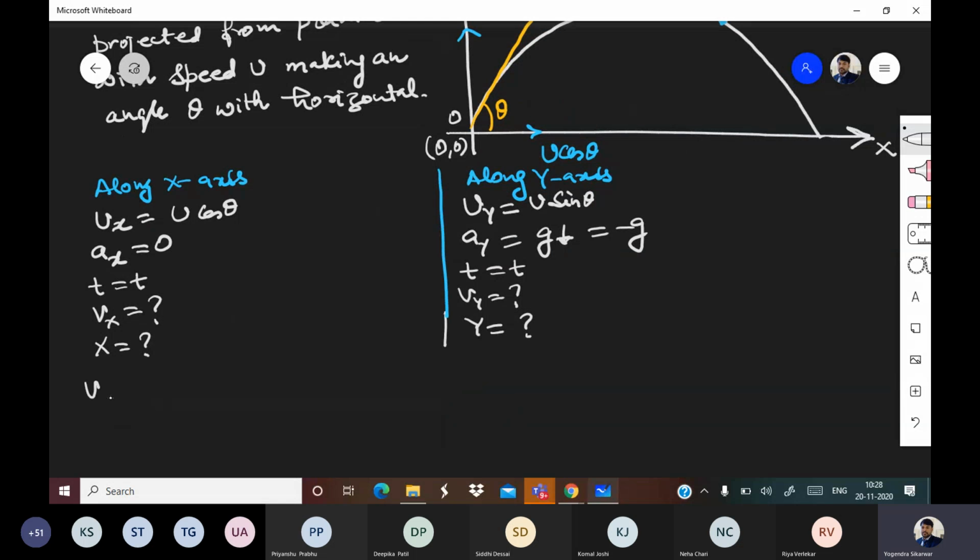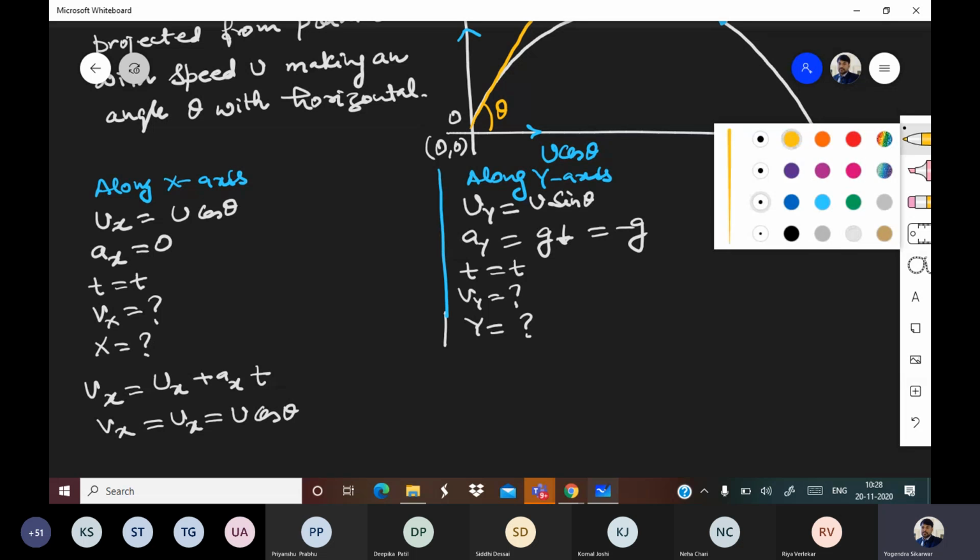So Vx is equal to Ux plus Ax into T. So basically what we have done, we have applied V is equal to U plus At. So Vx will be Ux, and that is equal to U cos theta.